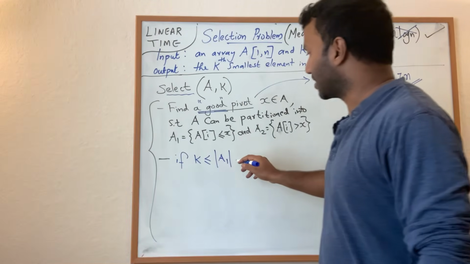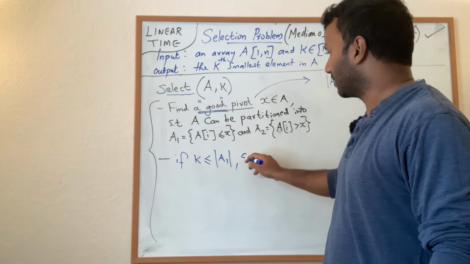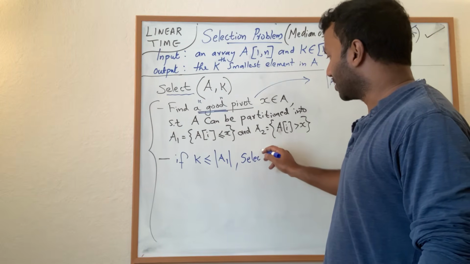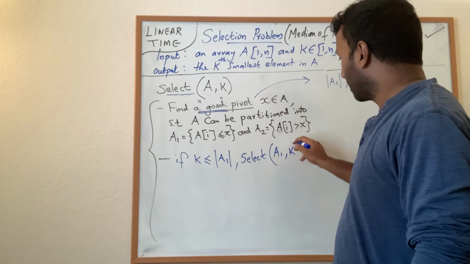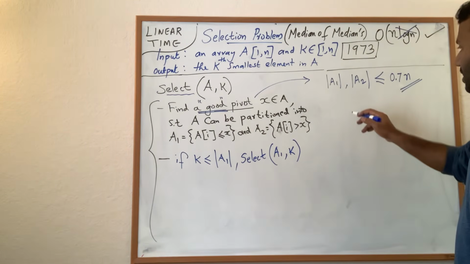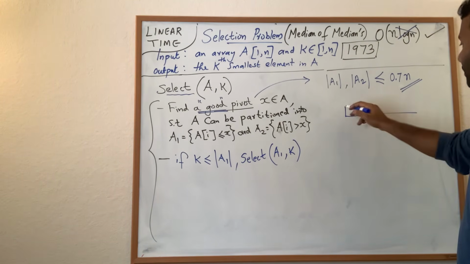So if k is less than or equal to the size of A1, simply report Select(A1, k).